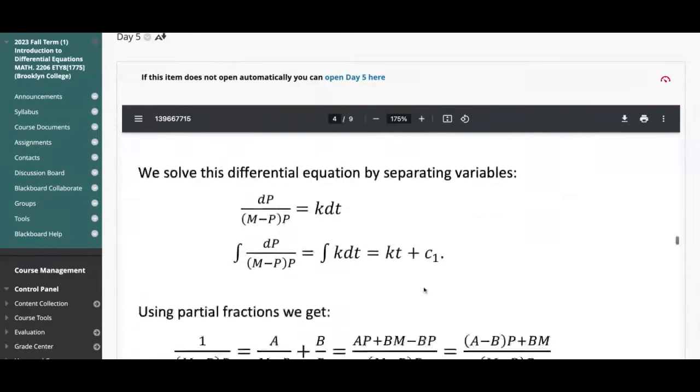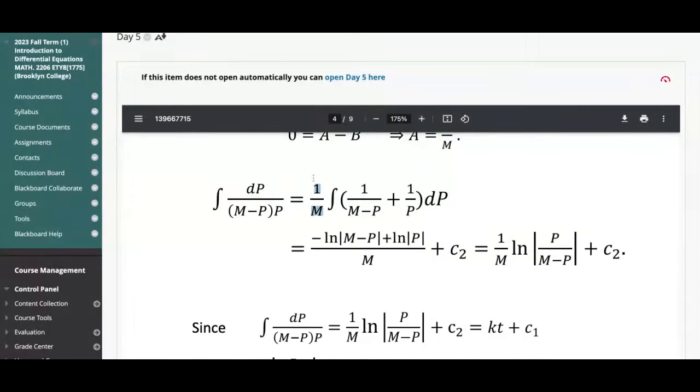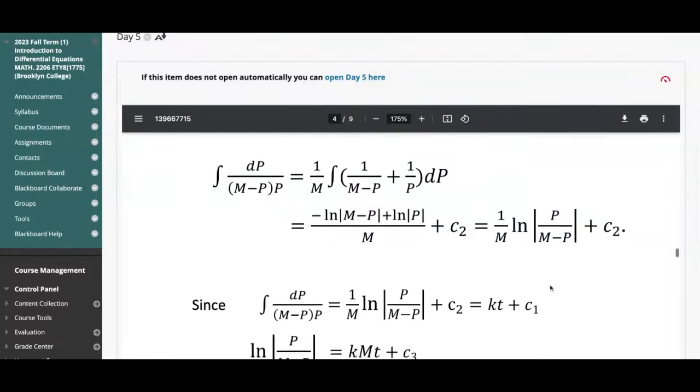But then by chain rule, we have negative 1 from negative p. That's why we get negative ln (m minus p) plus ln p. Then we have 1 over m here, plus a constant. Simplifying that, we get 1 over m times ln (p over (m minus p)), plus a constant.